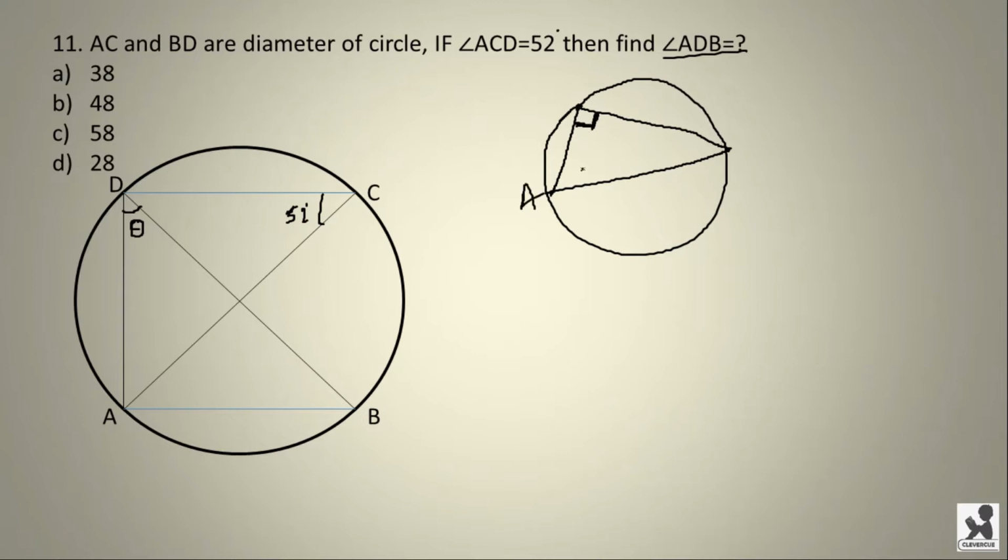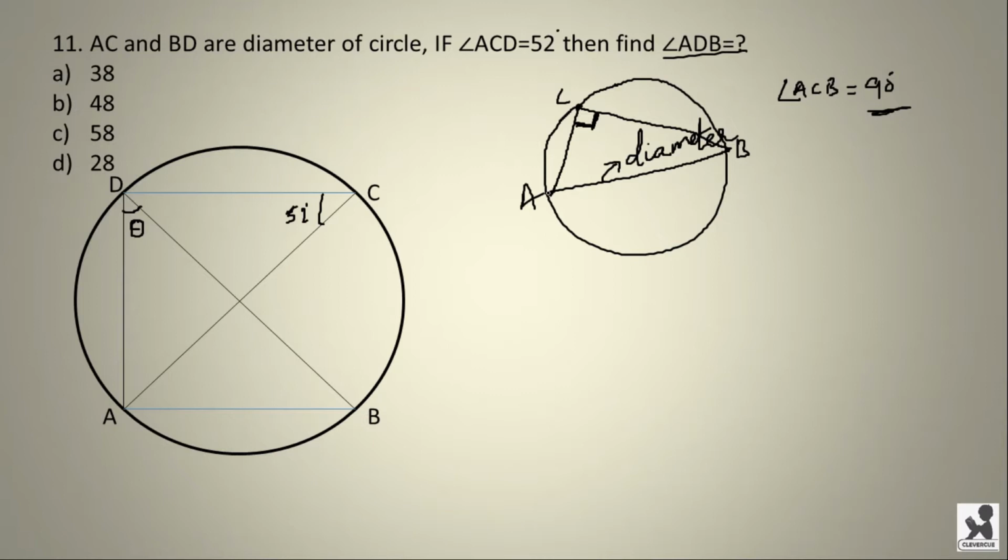For example, if this is A, B and C, and AB is the diameter, then angle ACB is 90 degrees, and wherever this point lies, the angle will be 90 degrees only.